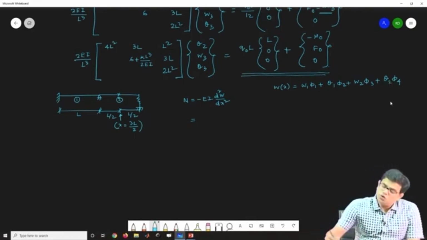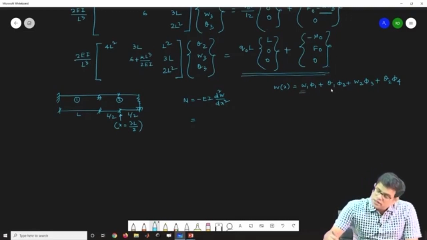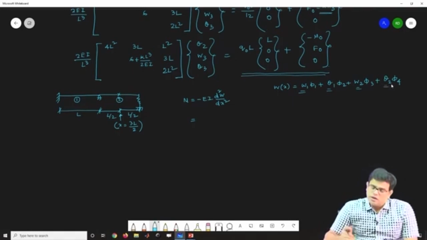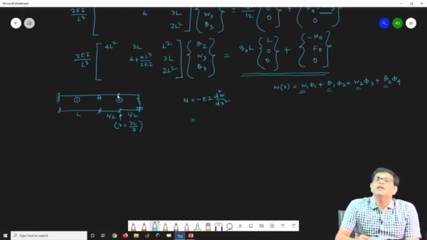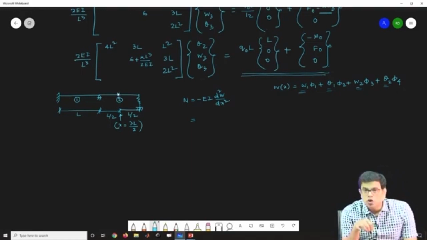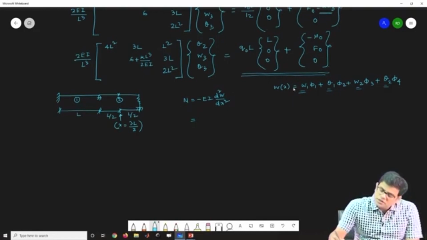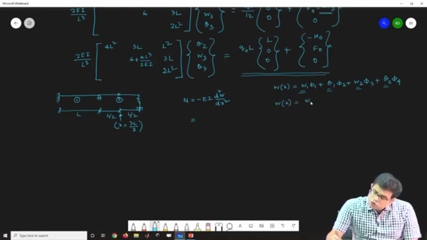Once you know these quantities, you can compute displacements and slopes at any point. First you have to recognize that this point belongs to element number 2.